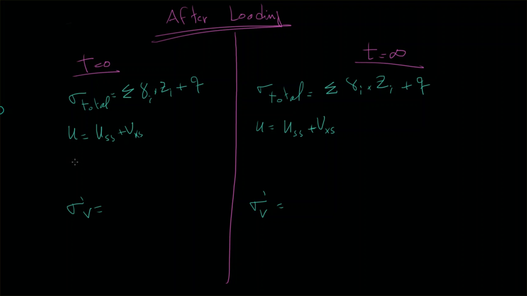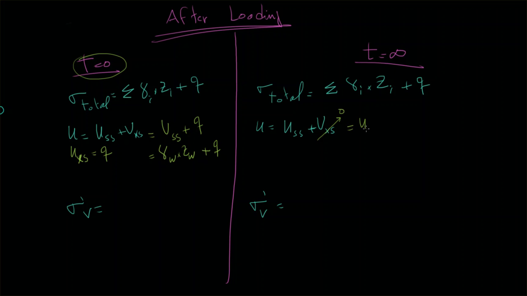So that would be u_ss plus Q. u_ss is defined as gamma water times z water, now plus Q. Here, when time tends to infinity, u_xs tends to 0 as well.